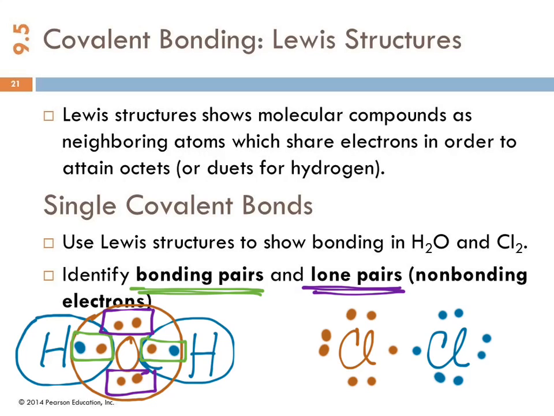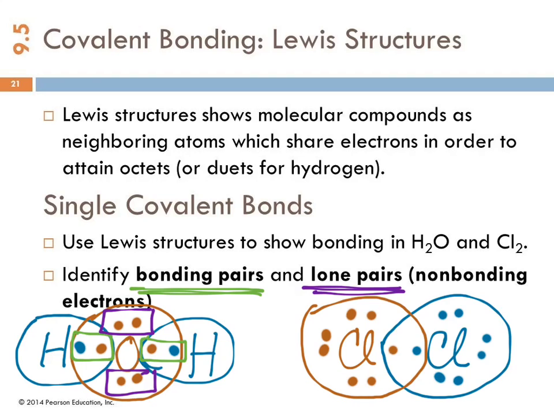Now, those guys could be happy. They can be happy by each sharing one electron with the other. So here's the bonding pair right in the middle.